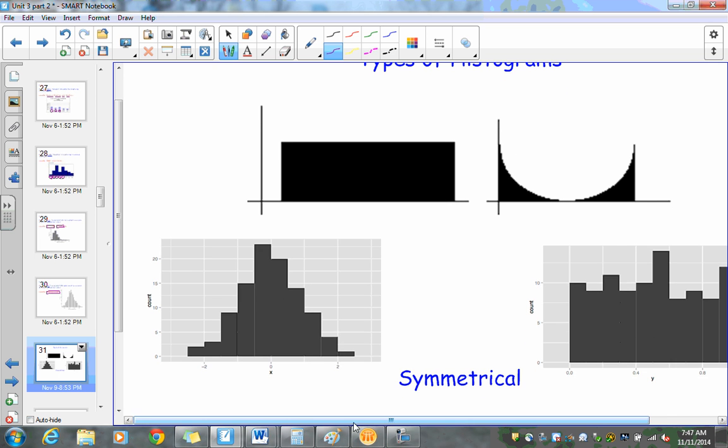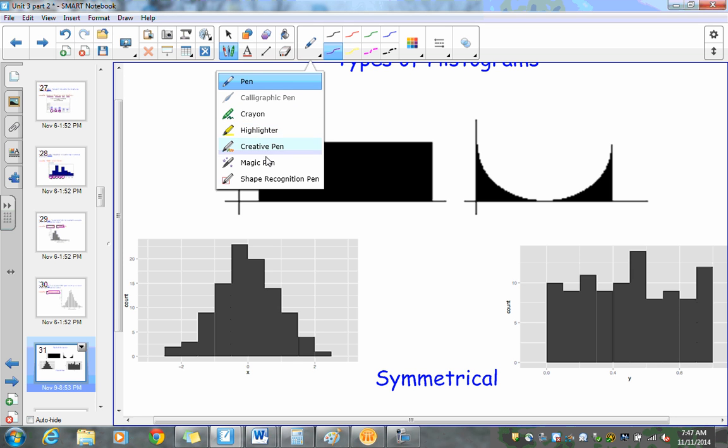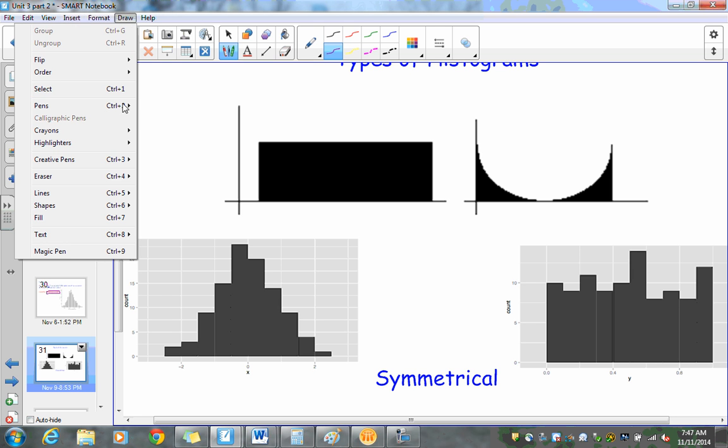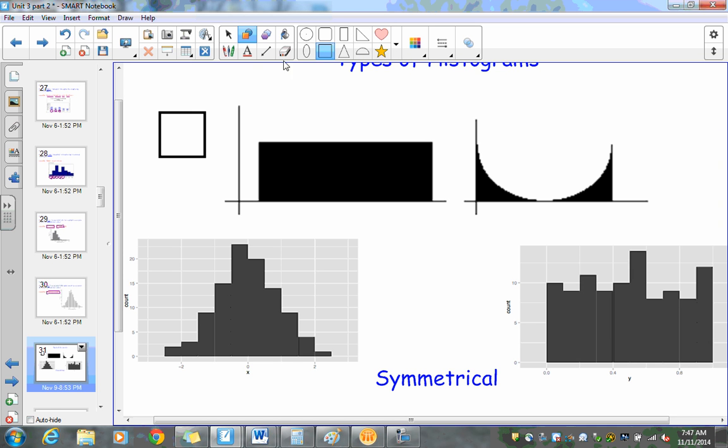Now, these are what is called symmetrical, and the reason they're symmetrical is because basically everything on the left is the same as everything on the right. So going back to symmetrical, let me give you a quick kindergarten example of symmetrical. So if I was to draw a square, and if I was to cut the square in half, everything on the right is the same as everything on the left.